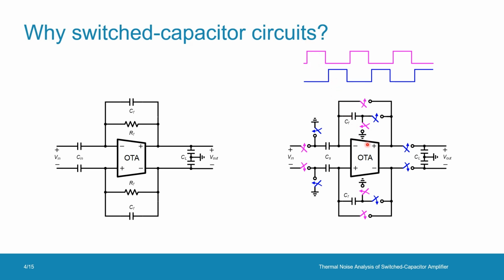While in one phase, we set the OTA input DC bias voltage via unity feedback, in another phase, we do the actual amplification using capacitive feedback. The detailed operation will be discussed a bit later.